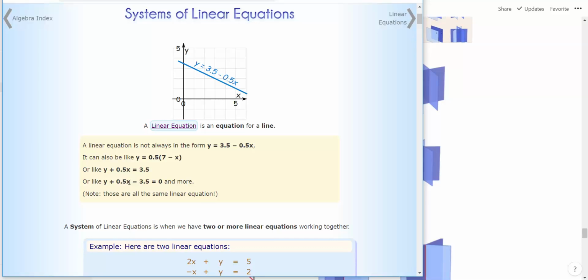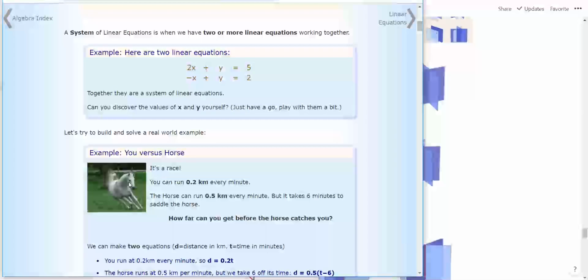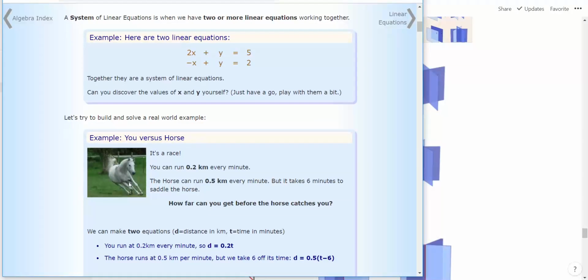A system of linear equations is when we have two or more linear equations working together. That's why we call it a system. In our system of linear equations, can you discover the value of x and y yourself? Yes, substitution or elimination. So how to build and solve a real-world example.